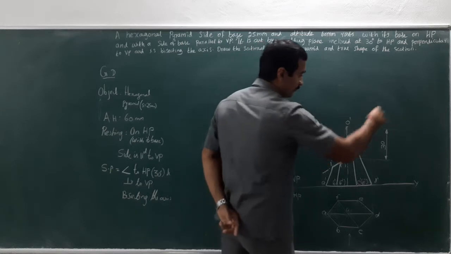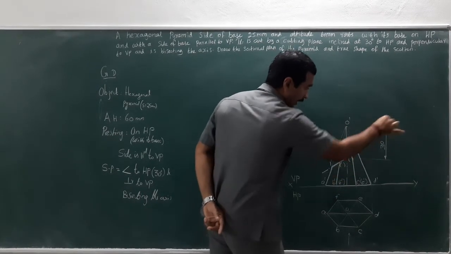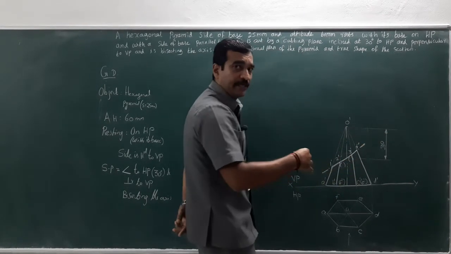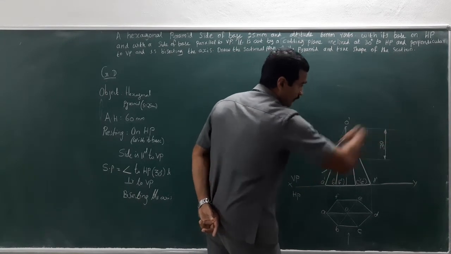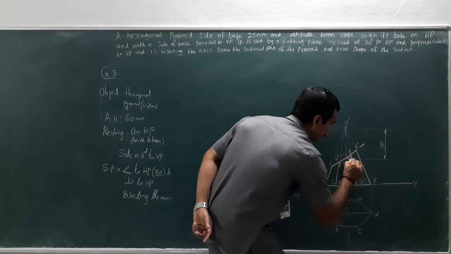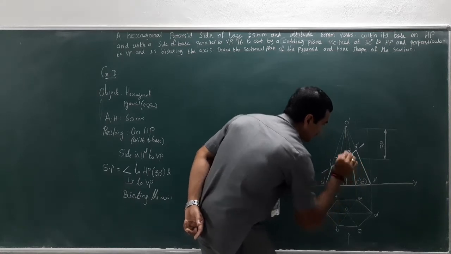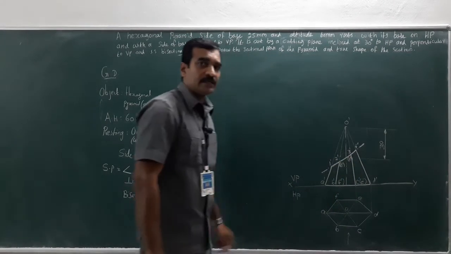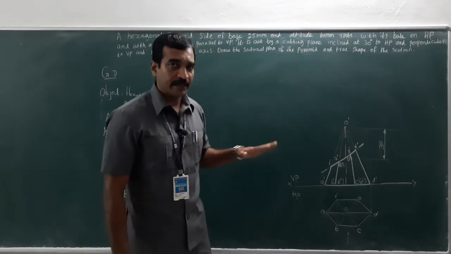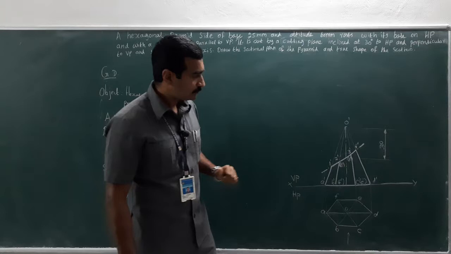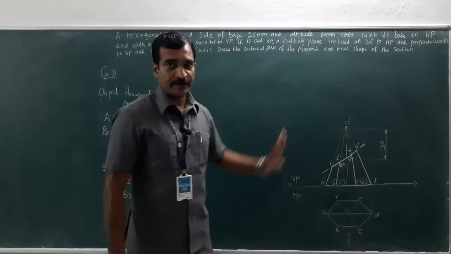While marking the invisible new edges, I need to start from the right to left. So this could be 5 dash and this could be 6 dash. So totally 6 new corners have been formed by cutting the particular object. So this is the sectional front view.